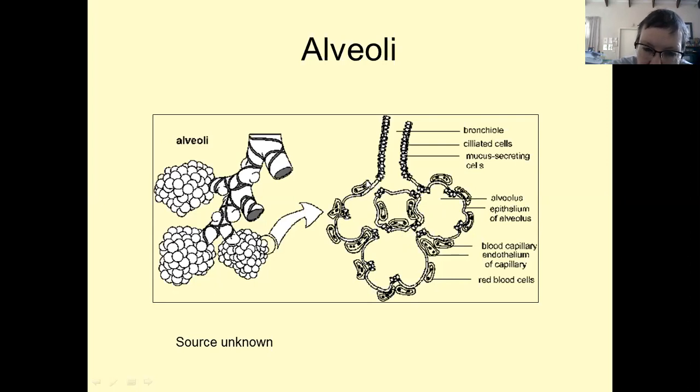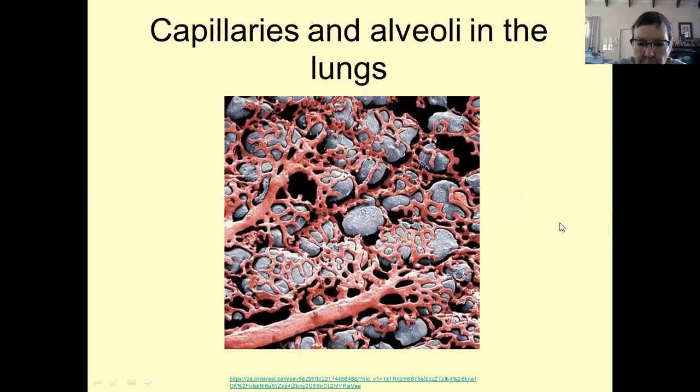And then the blood capillaries surround the alveolus, and the blood capillary wall is also made of a single layer of squamous epithelium. So there are two layers of squamous epithelium, one from the alveolus, one from the capillary, and then there's the blood. So here's the air that's been inhaled, there's the blood. So gaseous exchange occurs really rapidly between these two structures because it's a very short diffusion distance. Okay.